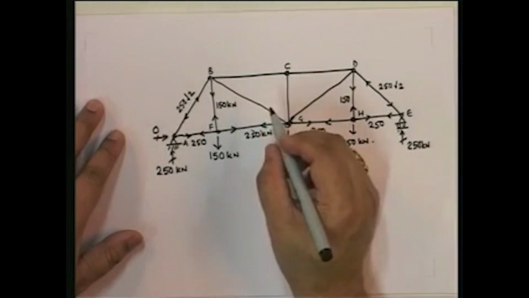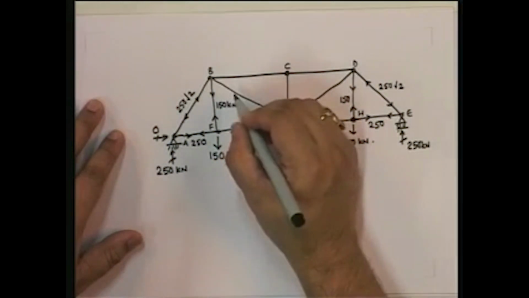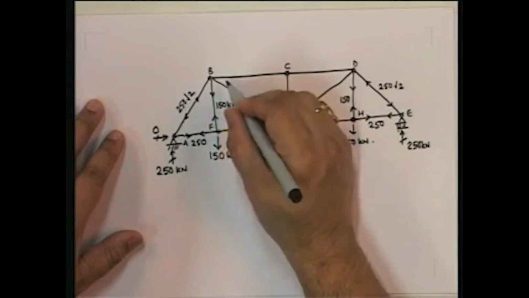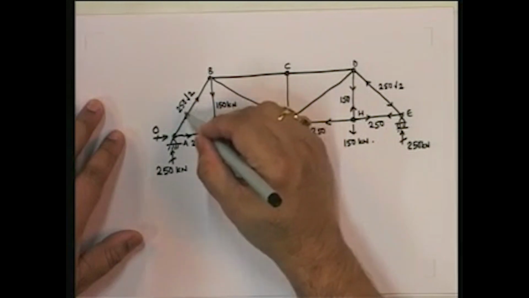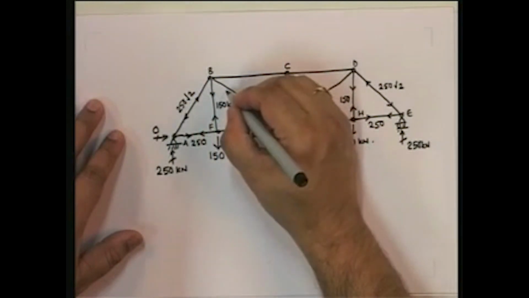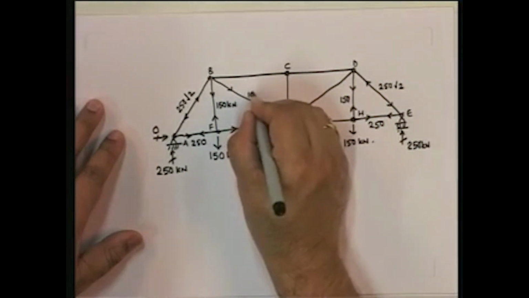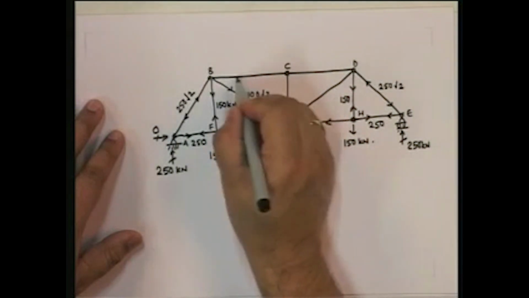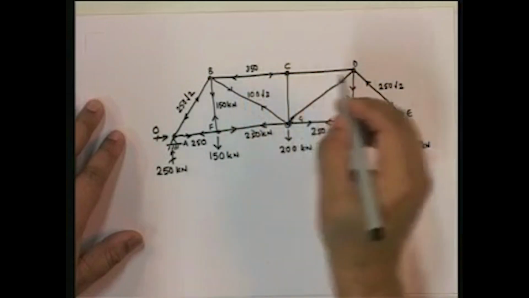Without much ado, I'm just going to go ahead and do this. And if you look at this, you see, the vertical component of this member has to be equal to this minus this. So if you really look at it, this will become 100 root 2. And if we do that, then this becomes 350.